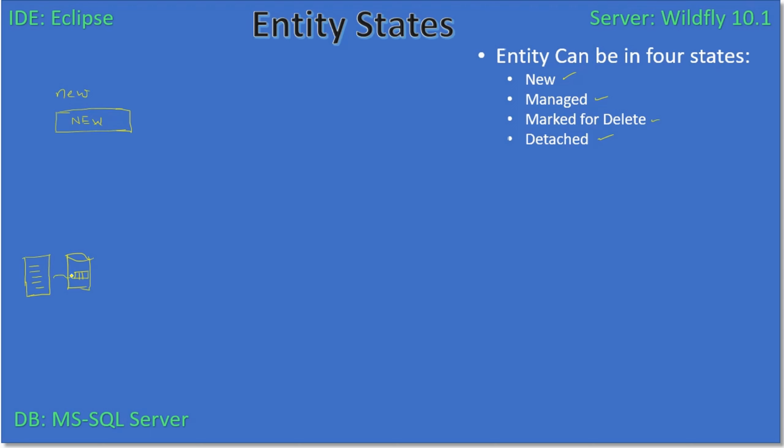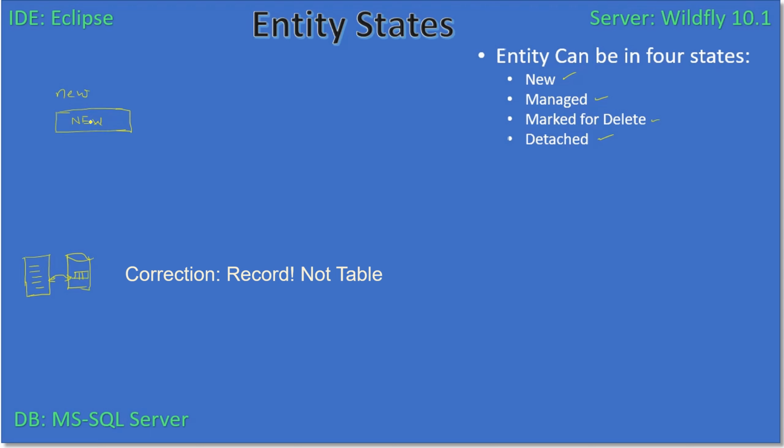So that means there is a linkage between these two, and here a field represents a column, right? So when we create a new entity, at that time the entity is not managed, in the sense that the JPA entity manager doesn't know that the particular class instance is representing a specific database table.